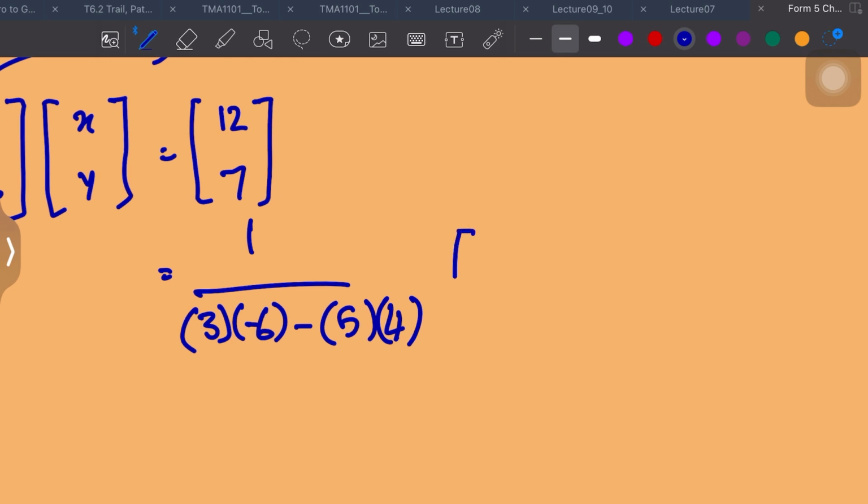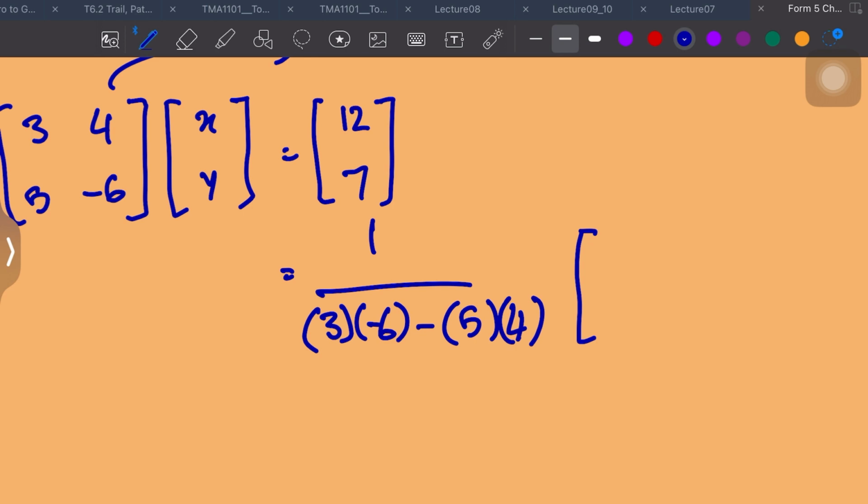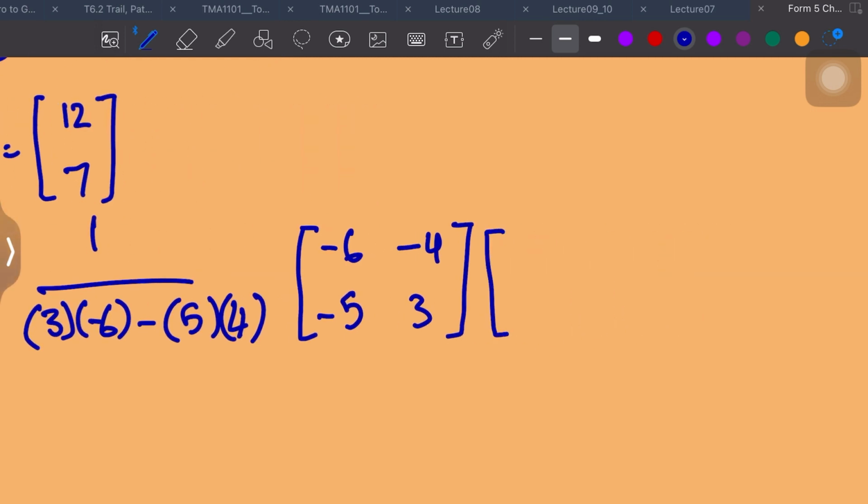Okay, in the bracket, in inverse terms, negative 6, negative 4, negative 5, 3, then 12, 7.